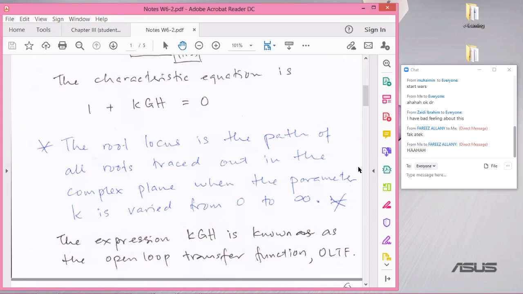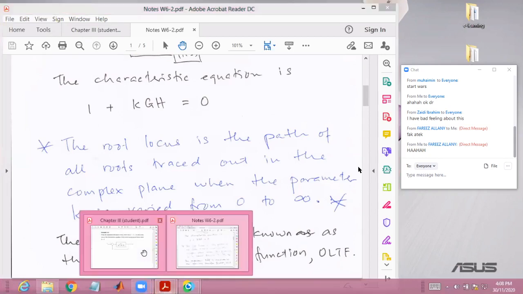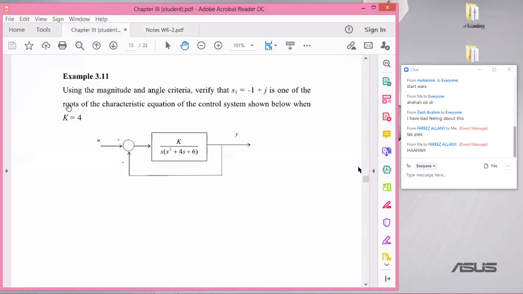Now let's go back to the question. This is for k equal to 4. We want to verify that a point on the complex plane, a point s1 equal to -1 plus j, is one of the roots when k is equal to 4. In fact, this is just one of the points on the root locus.